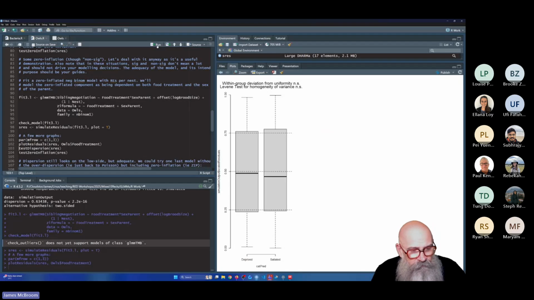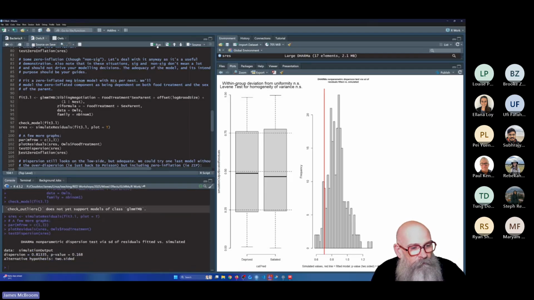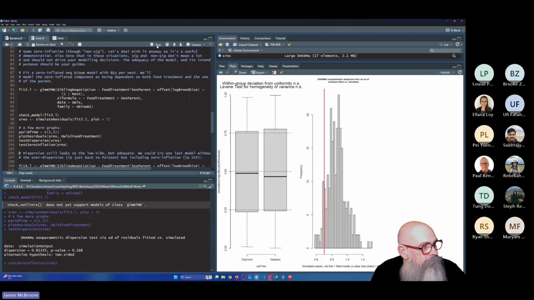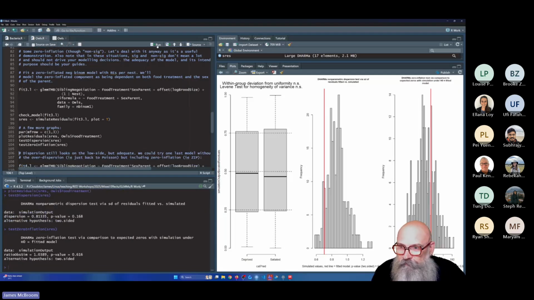Okay, so we can plot the residuals for the variables as well, the fixed effects variables. So our deprived satiated food state, and you can see that everything looks very uniformly distributed there, no problems. We can do a dispersion test. It's low, but it's fine. And we can do a zero inflation test as well.